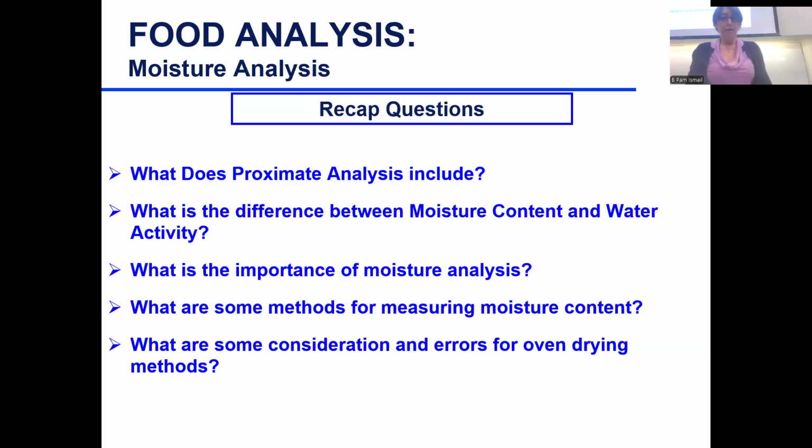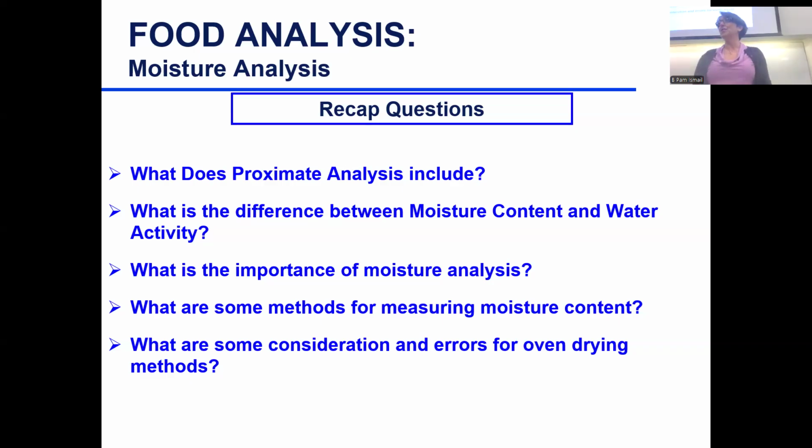All right, let's do some recap. What does proximate analysis include? Moisture is two.